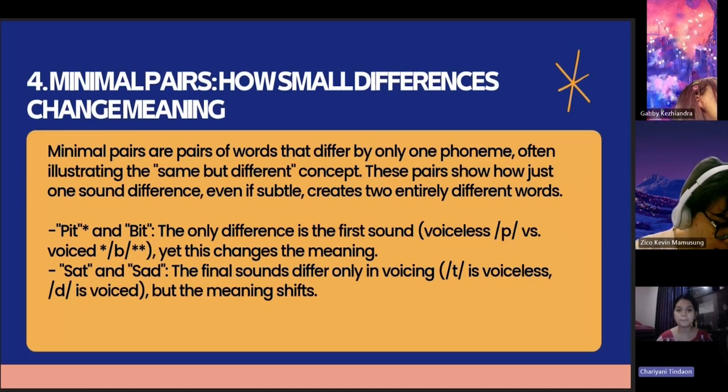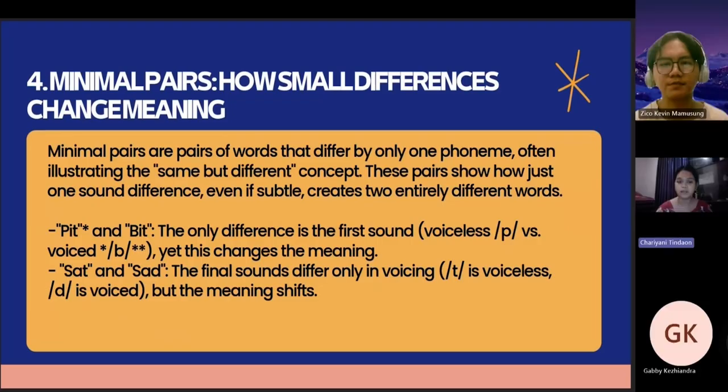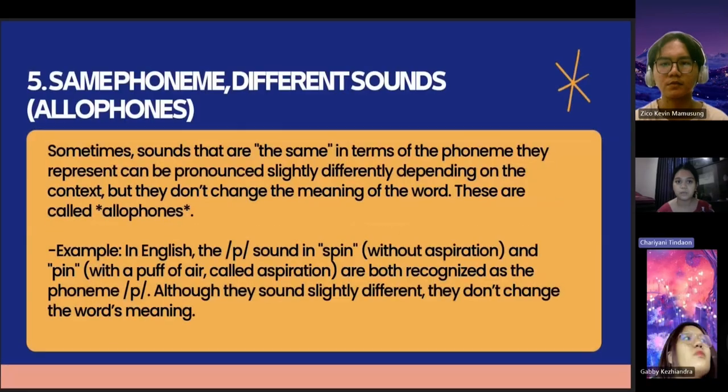Pit and bit: the only difference is the first sound, voiceless P versus voiced B. Yet this changes the meaning. Sat and sad: the final sounds differ only in voicing. T is voiceless and D is voiced, but the meaning shifts. And next is going to be explained by Zico.